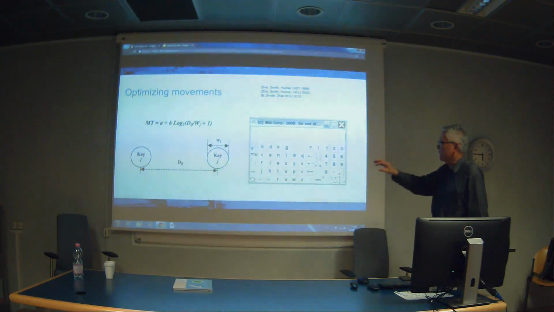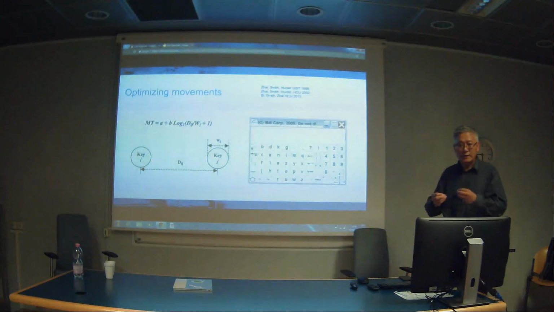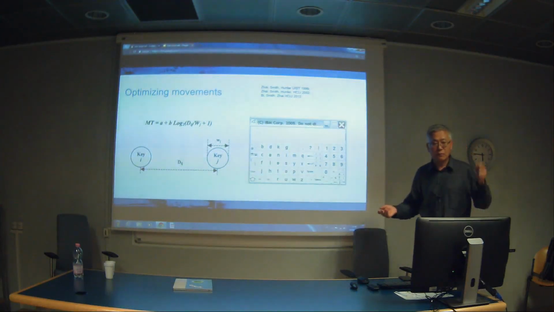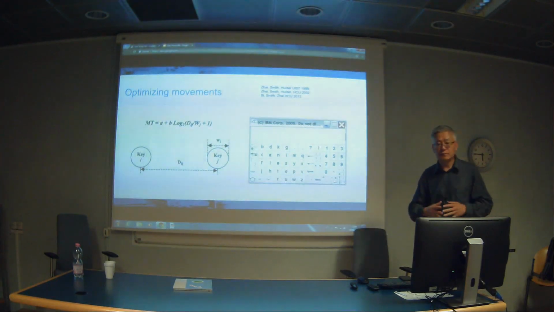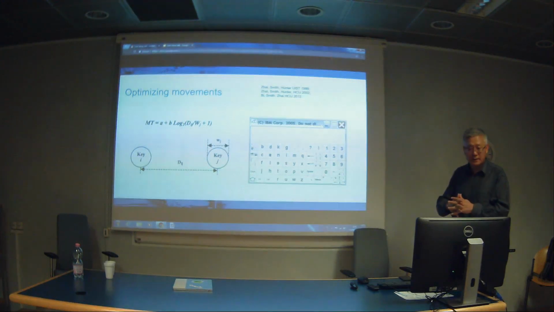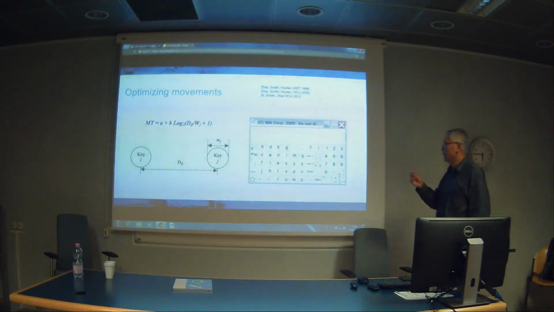And then if this time gets weighted by the transitional frequency from one letter to another, which you can learn from any corpus of text, then you can compute an average time to type a letter on a keyboard.